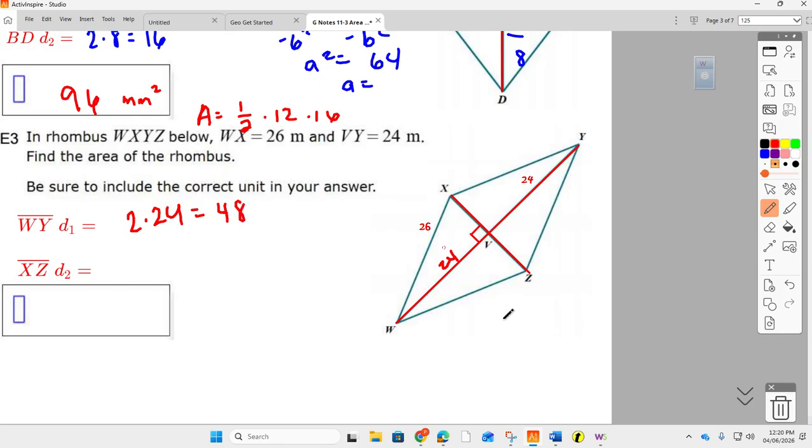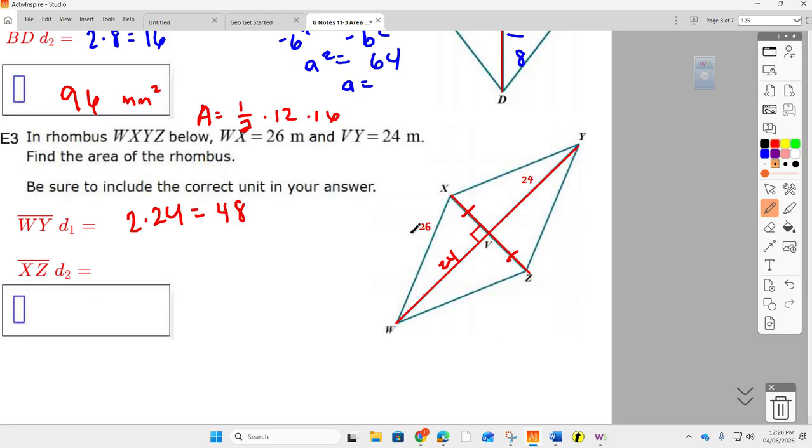So XZ is this diagonal here, that shorter diagonal. Now we've got to figure out how long XZ is, but the only way we're going to do that is to find out how long half of XZ is and then multiply it by 2. So that's what we're going to do.